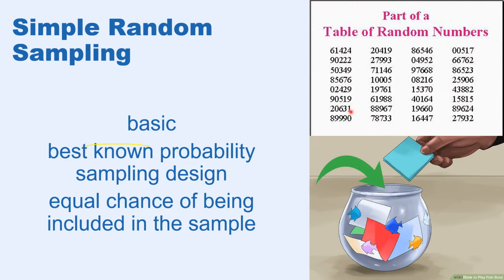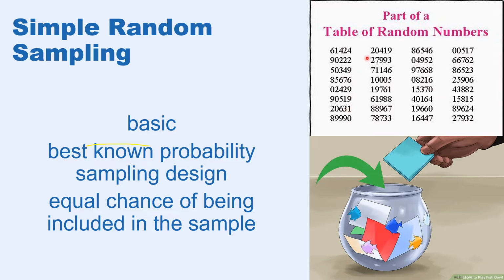Or if you're talking about a longer listing, let's say, for example, your list is up to 500. The random start was here, 424. Next participant, 222. Next participant, 349. Next participant, 676. Oops, there's no 676, so I will proceed to 429. There's no 519.